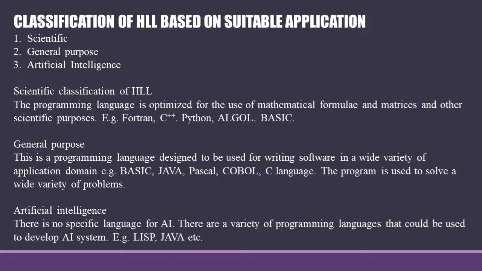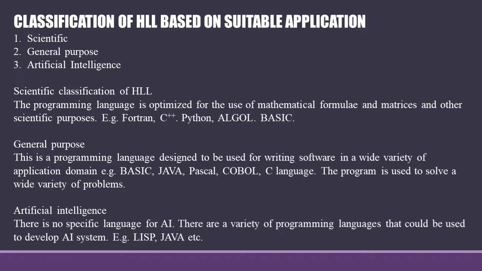The programming languages I can use to do this are Basic, which is still there, Java, Pascal, COBOL, and C language. The program is used to solve a wide variety of problems. In other words, it gives you room to develop software that can achieve a lot of things. The next one is artificial intelligence.